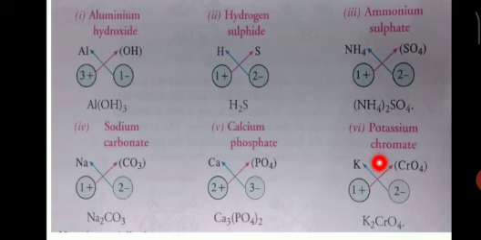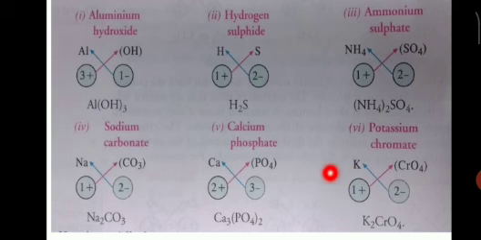Next is potassium chromate. Potassium chromate is written as potassium, this element is K, and chromate is CrO4. Potassium is having the valency 1 and chromate CrO4 is having the valency 2. So while crossing over, potassium gets the valency of chromate and chromate gets the valency of potassium.